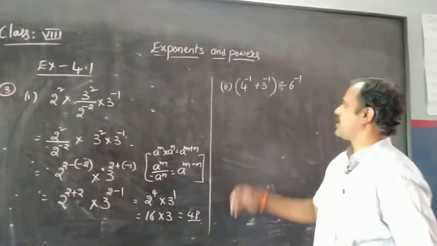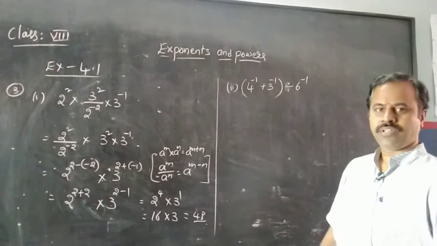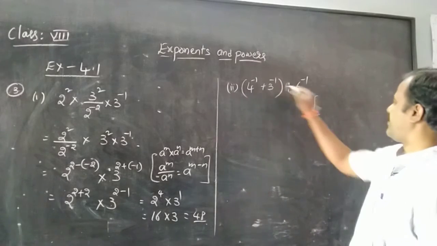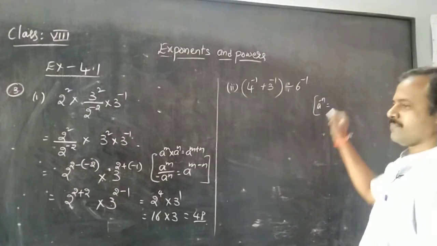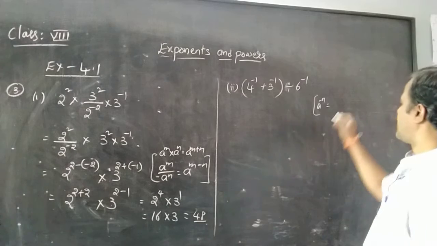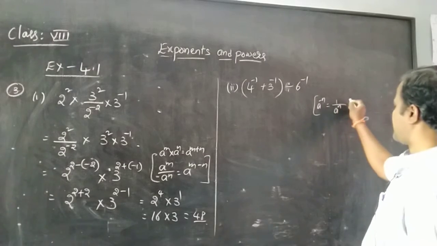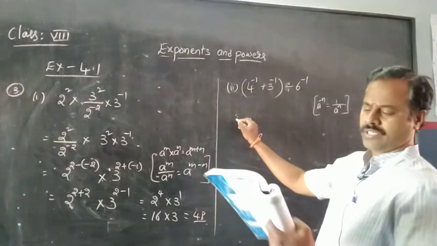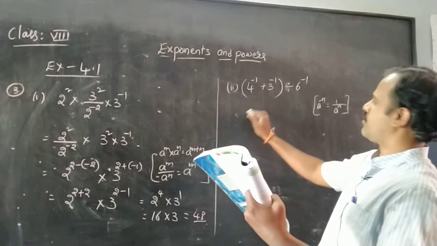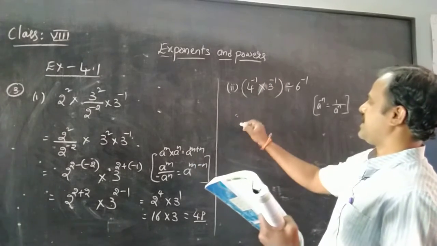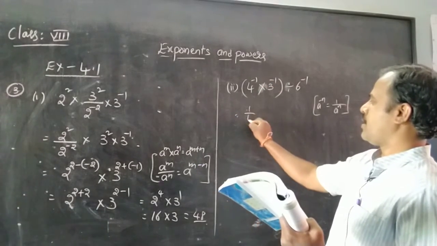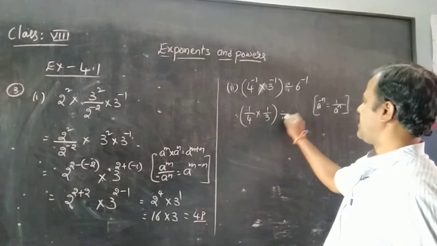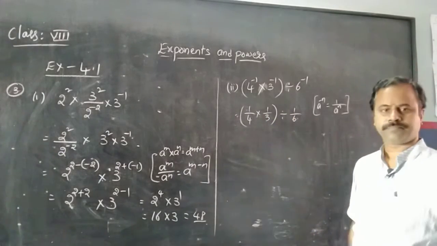As it was said for you, whenever you have a negative in the power, a power minus n, you have to change this one into the form of 1 by a power n. So it becomes 1 by 4 into 1 by 3, divided by 1 by 6.